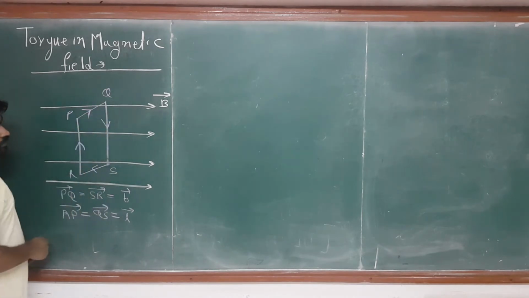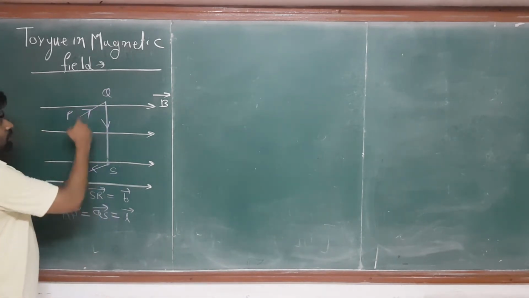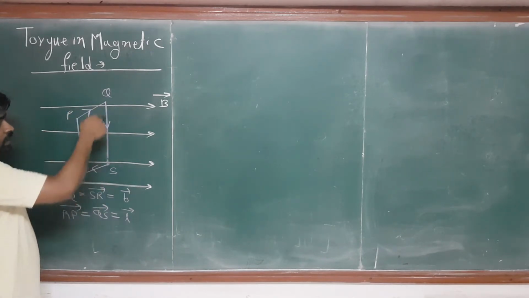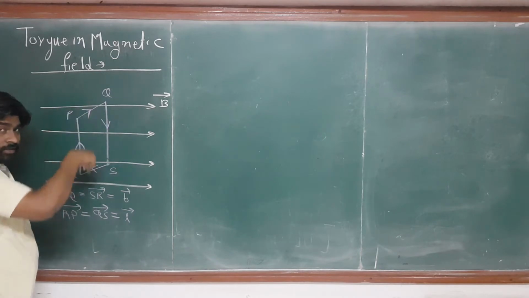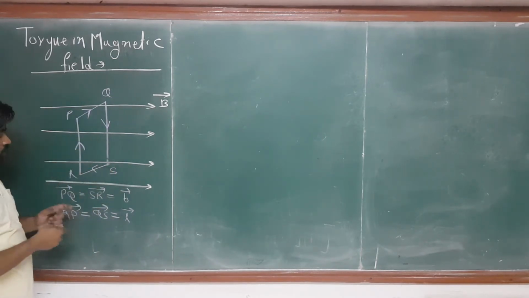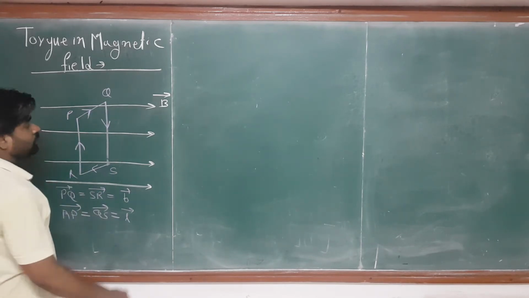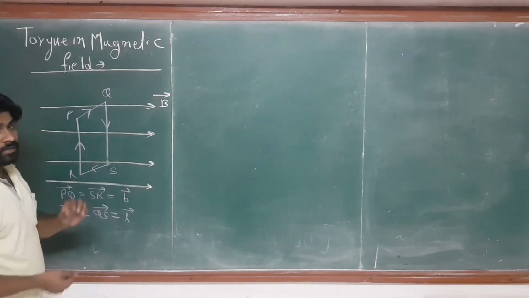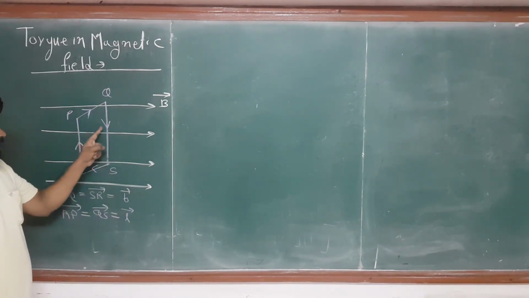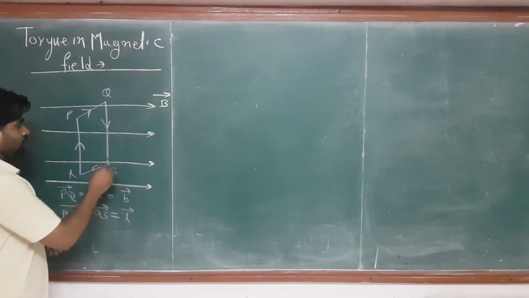See, PQ is moving inside the board, and QS is going down. SR is coming out from the board, and RP is going upward. So we can apply Fleming's left hand rule. The magnetic field is going here, and on this side the current is going down, so the force will come out from the board.